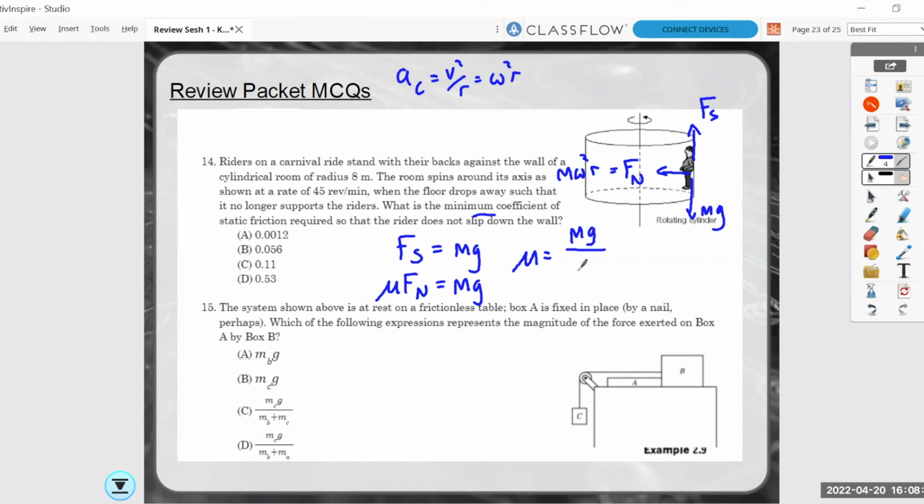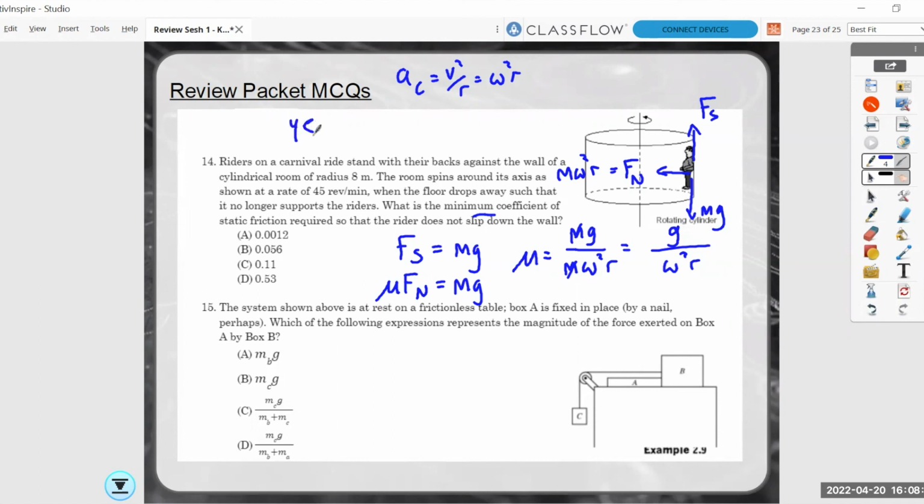And here I'm going to plug in for the normal force m omega squared r. Our m's cancel. So we get g over omega squared r. And the only thing we got to do here is make a little conversion from revolutions per minute into radians per second.